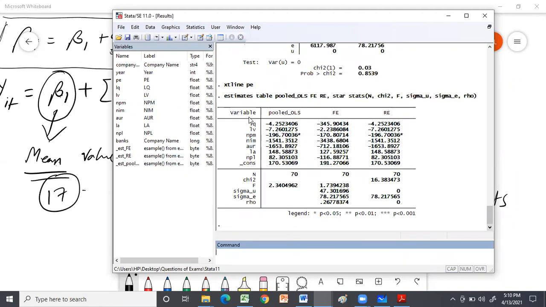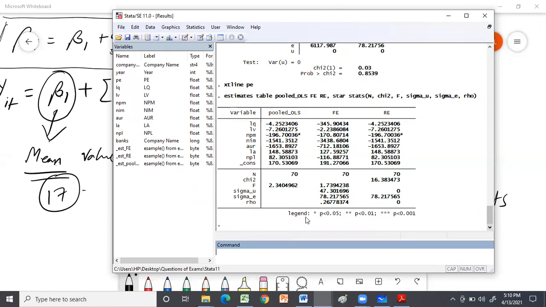Then you can see your dependent variable and independent variables, these are your independent variables, these are the constant. Under the pooled OLS method, these are the coefficients of the independent variables. These are the coefficients estimated under the fixed effect method. These are the coefficients estimated under the random effect method. Total number of observations N is 70, chi-square value applicable only for the random effect method, given 16.38, F value applicable only for pooled OLS and fixed effect method given, and then sigma_u, sigma_e, and rho value applicable under whichever model.